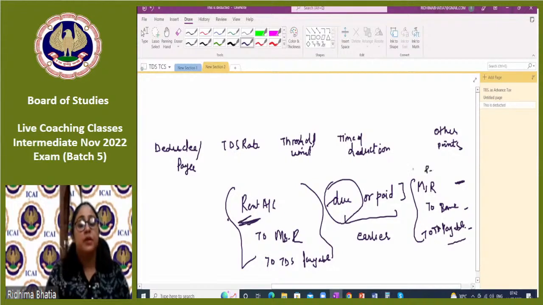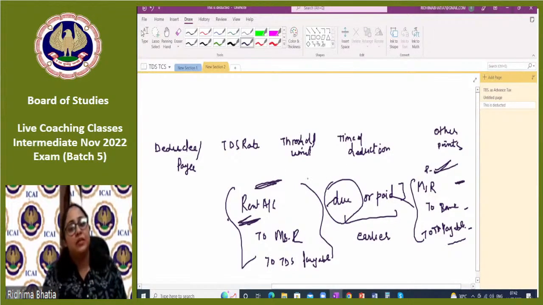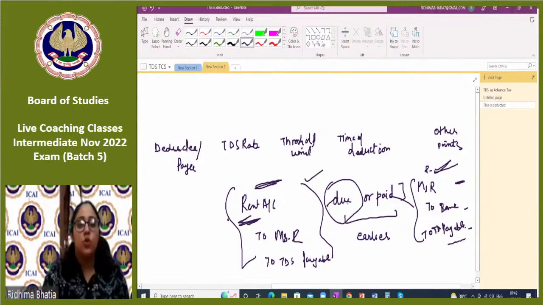This is payment. So whichever is earliest, suppose I'm making an advance payment of rent, then I will make this entry, as rent is not yet due. If I'm doing the rent which is due for the entire month, and then I paid, then due is earlier. Okay. So due or paid, whichever is earlier.